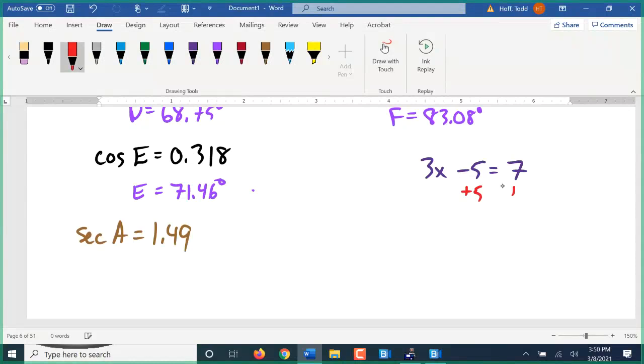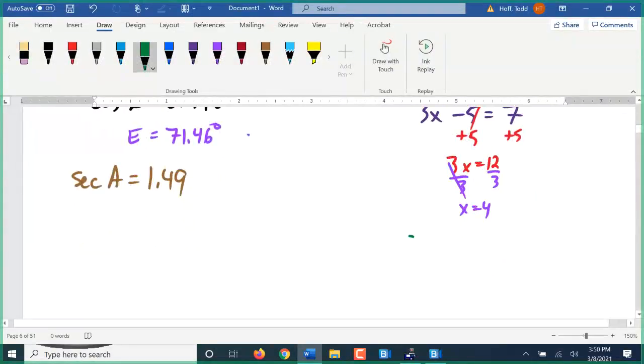I would add 5, right? 3x equals 12. And then I would divide by 3. X equals 4. I reverse it. The last thing that was done building that equation was subtracting the 5. To get rid of it, I added the 5.